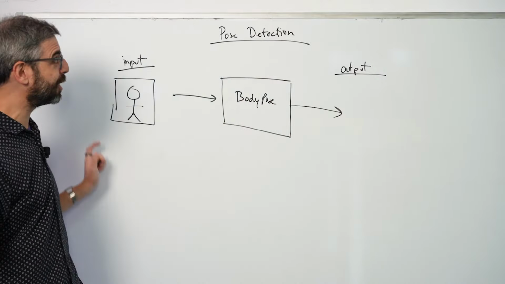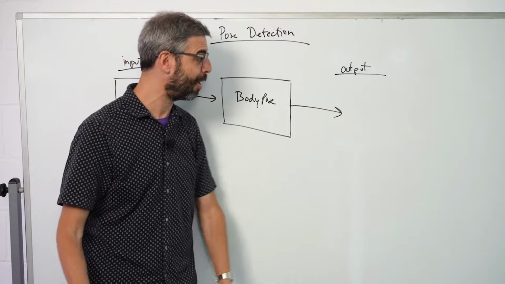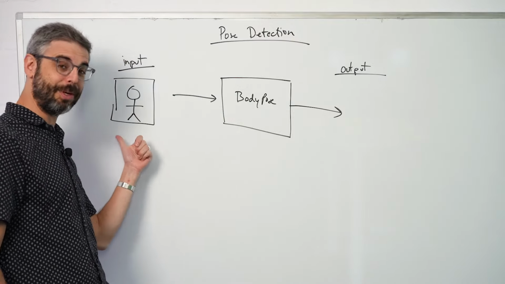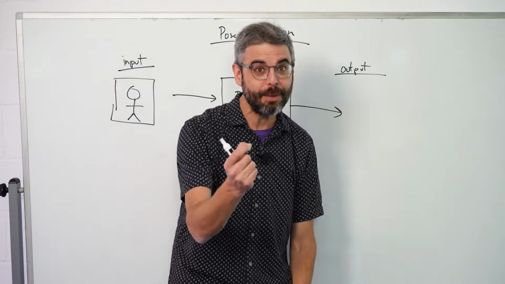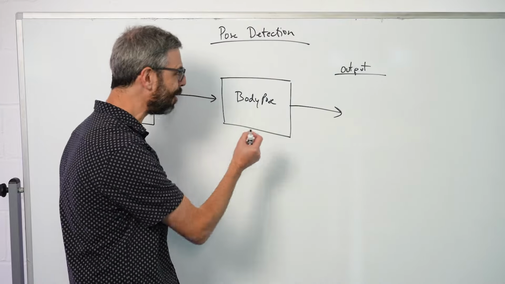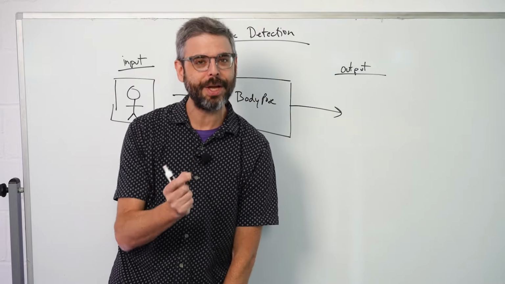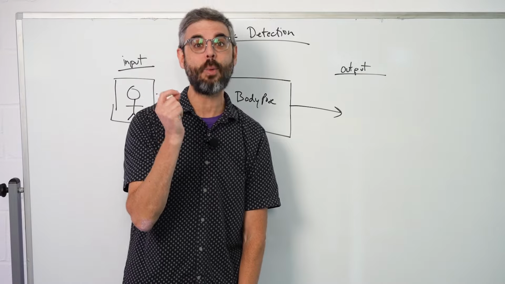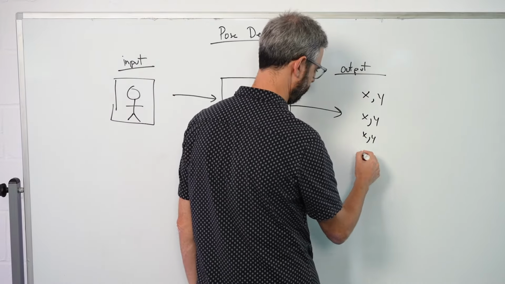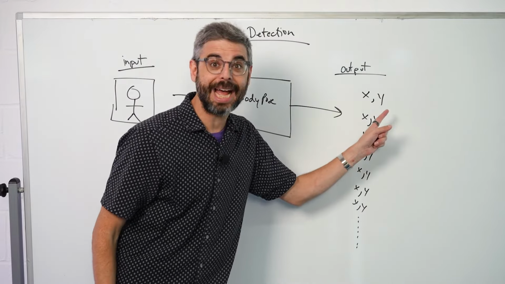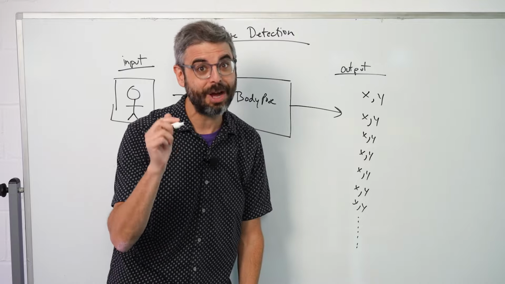So far, this looks just like the image classifier. With the image classifier, the input was an image, and the output was a label and confidence score. But here, instead of a label, we're actually going to get a list of XY pairs. Each one of these XY pairs will also have a confidence score.